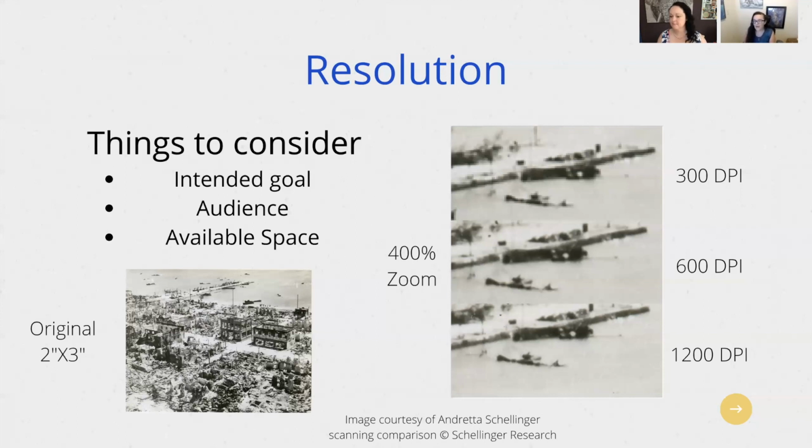So in my professional opinion, nothing should be under 600 DPI for photos. Black and white paper can be at 300. But once you start adding in color and other elements, then you need to bump it up to 600 to be able to get the longevity and the viewability that you want.